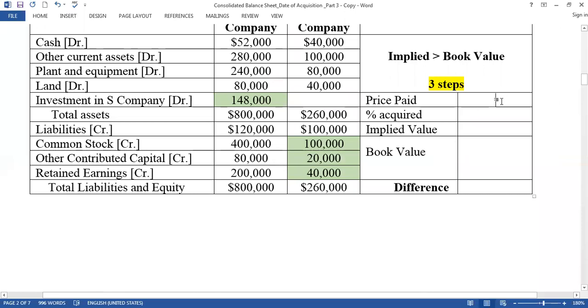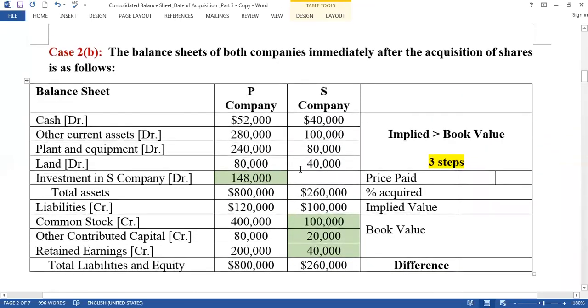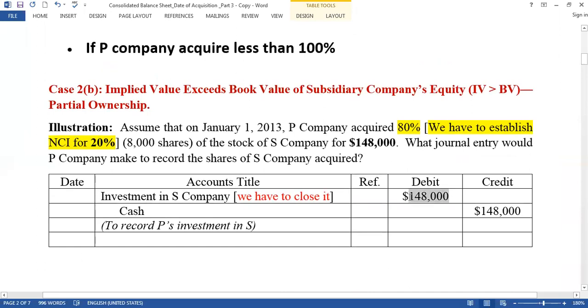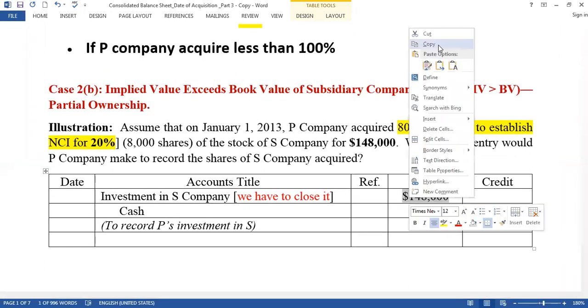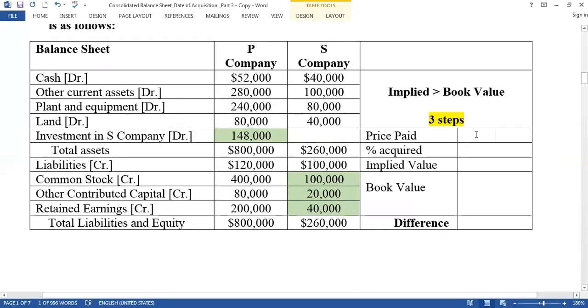We paid $148,000 for this company, and we acquired only 80%. Now we divide by this 80%, then we can calculate the implied value. What is the meaning of implied value?